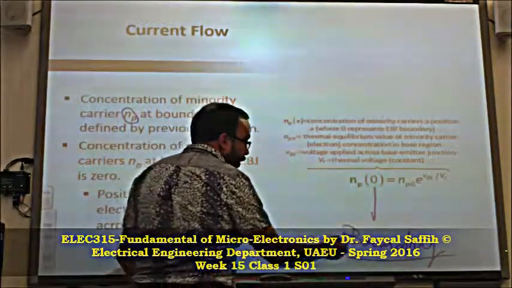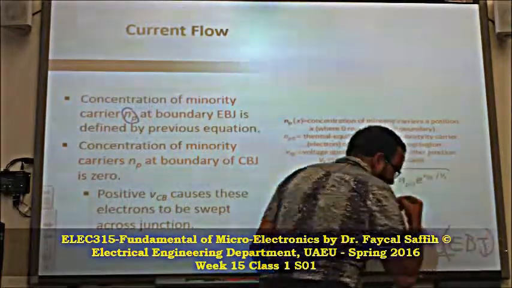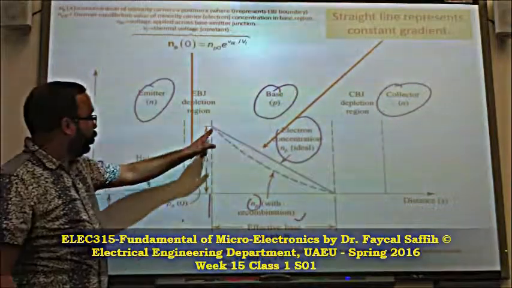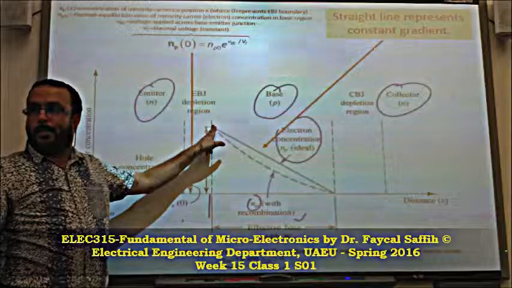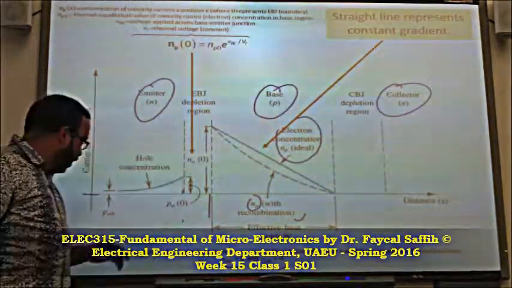At the boundary of what? The boundary of the emitter-base junction. Where is that? It is this one. Clear? Yes. Fine? Good. So let's move on.